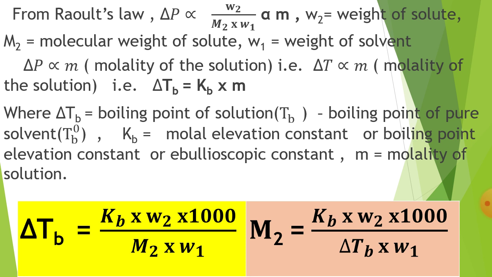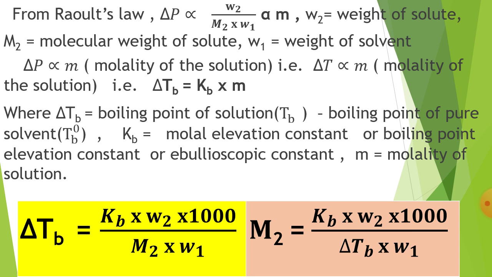If we remove the proportionality sign, we get one constant, that is known as Kb. In that condition, we get the formula delta Tb equal to Kb multiplied by molality, where delta Tb is the boiling point of solution Tb minus the boiling point of pure solvent T naught b. So for delta Tb, Tb minus T naught b. Kb is the molal elevation constant or boiling point elevation constant or ebullioscopic constant. This I have explained here.